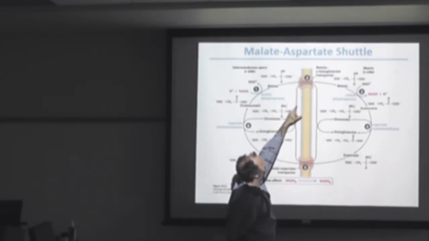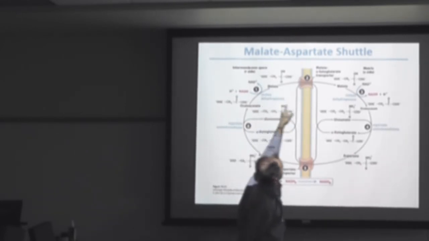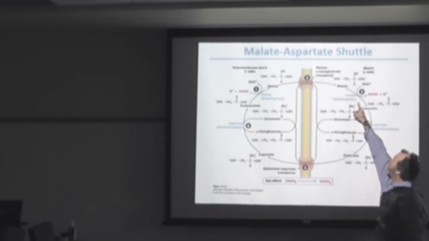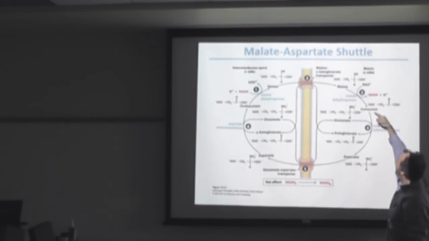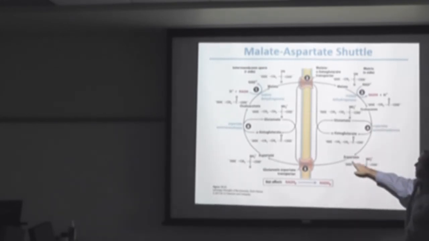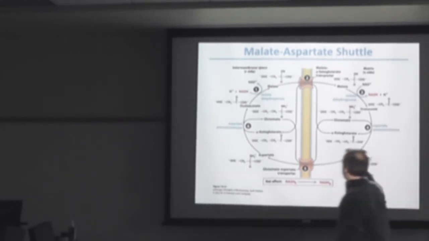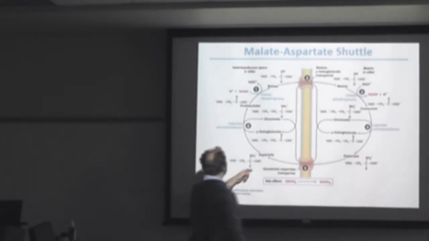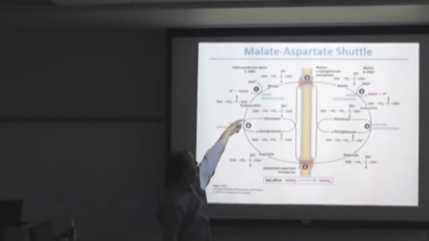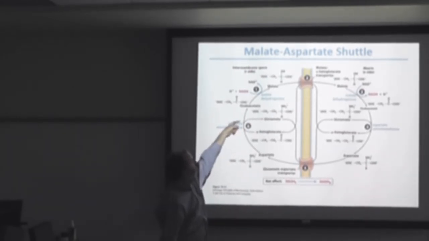Then there's a malate alpha-ketoglutarate transporter that can carry the malate across, where NAD will pick up the electrons from malate again and produce oxaloacetate again. And then oxaloacetate via aspartate aminotransferase will be converted to aspartate, and then aspartate can be transported back out, where it will again be catalyzed into glutamate from alpha-ketoglutarate back to oxaloacetate via aspartate aminotransferase.